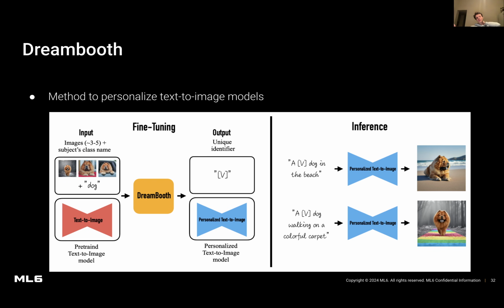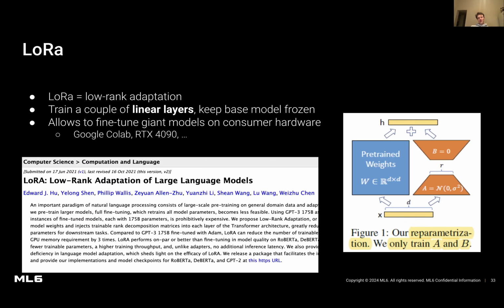For example, your dog. But it could also actually be a certain style on which you want to fine-tune one of these pre-trained text-to-image models. And then you end up with a personalized model, which is able to generate your concept in whatever situation you want. And so, DreamBooth basically fine-tunes an existing text-to-image model.